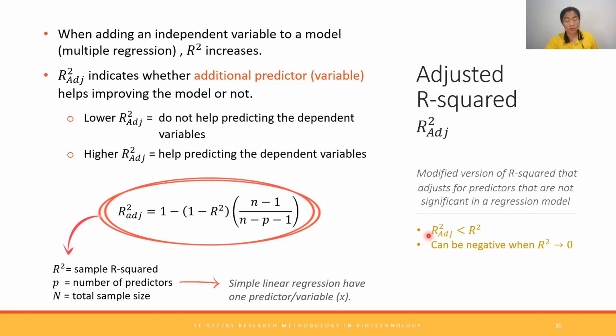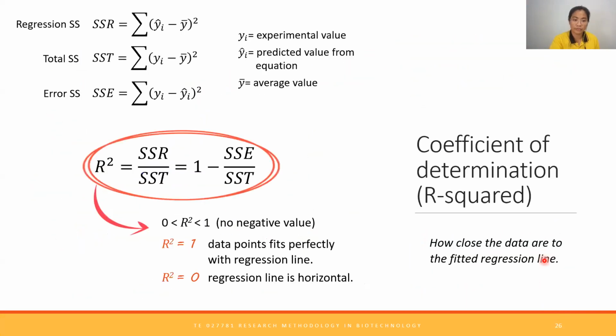So if you have an R-square of 0.99, your adjusted R-square might be 0.96, depending on your regression model. And adjusted R-square can be negative. If R-square is close to 0, that means there's no relation at all, okay? Normally we don't see that, because the only way R-square is close to 0 is when the regression line is horizontal, okay?